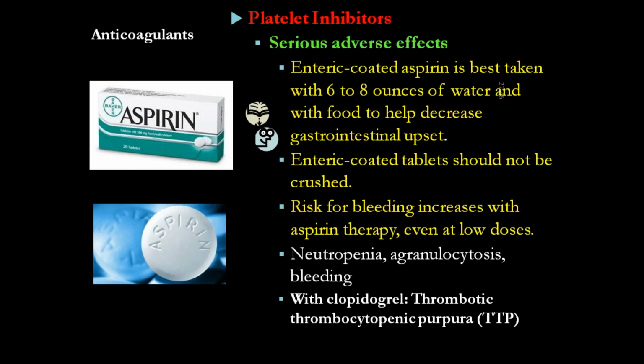So in order to prevent that, you need to take it with food and water. Enteric coated, we know from the very beginning, you cannot crush it, you cannot chew it. The reason is that it's coated because it needs to dissolve in the more alkaline environment that is in the duodenum. Because if it reaches acid in the stomach, it is going to be inactivated.